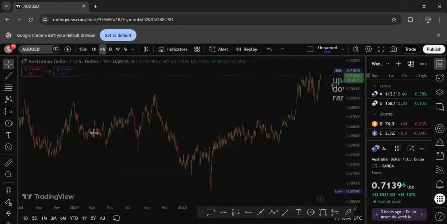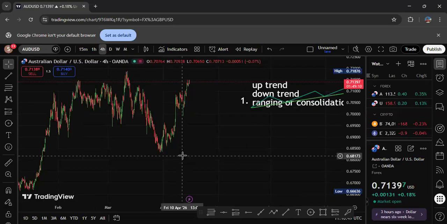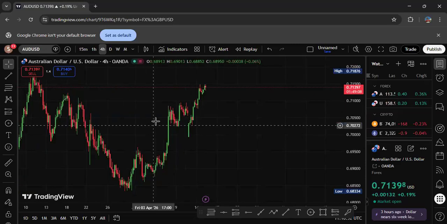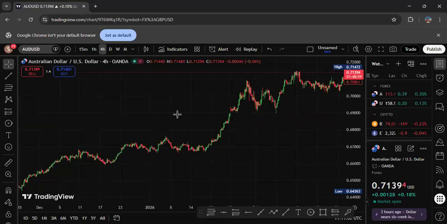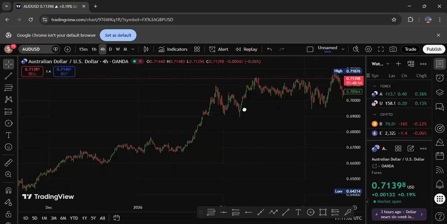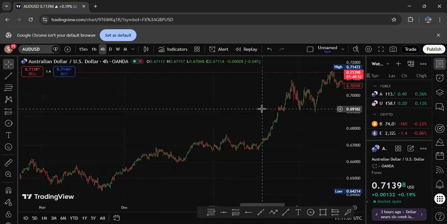Okay, so here is my 4 hours time frame. Just want to show us where we have a nice push to the upside. Sorry, trying to shrink my chart a little bit.